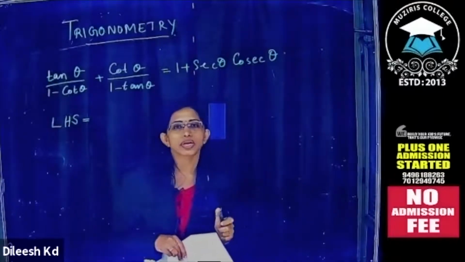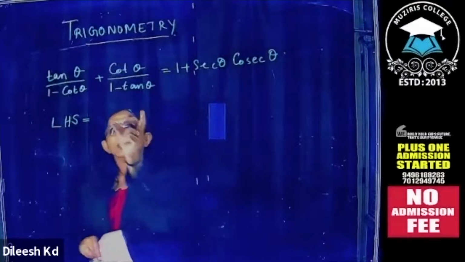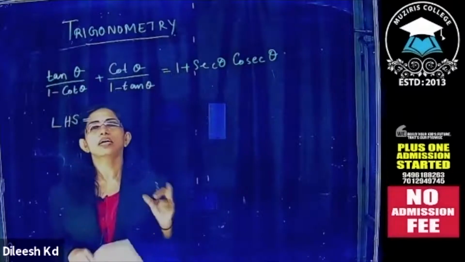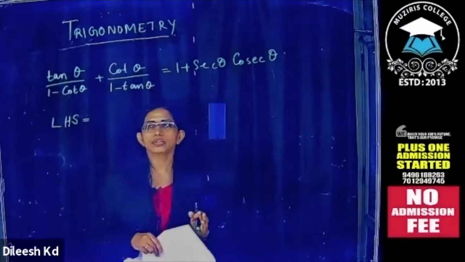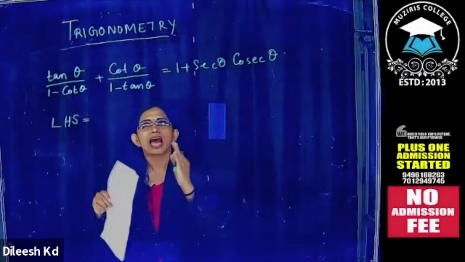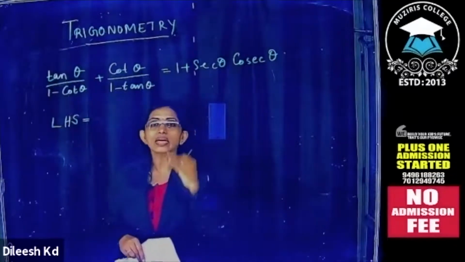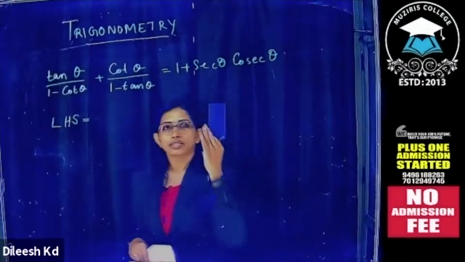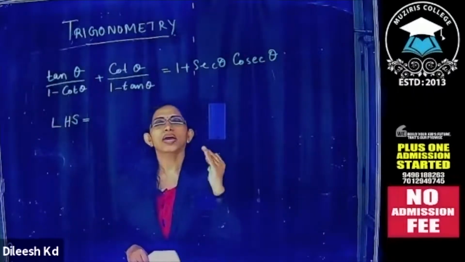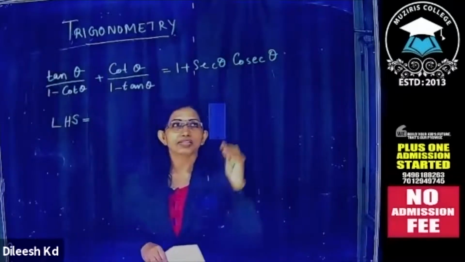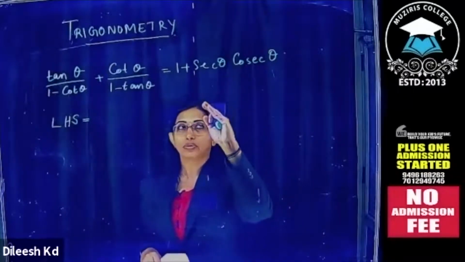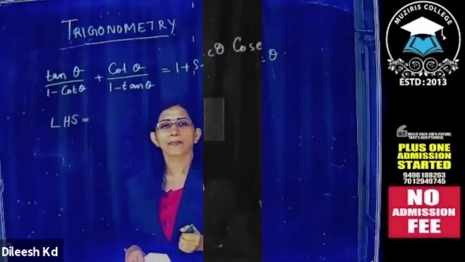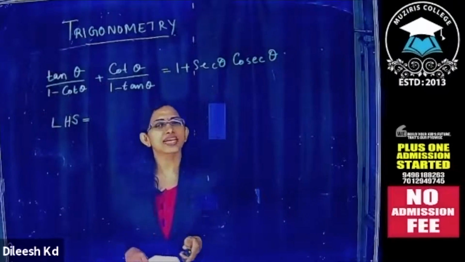Question approach. The LHS of this question consists of tan theta and cot theta ratios, whereas the right hand side consists of sec theta and cosec theta. Sec theta is 1 by cos theta, and cosec theta is 1 by sin theta.